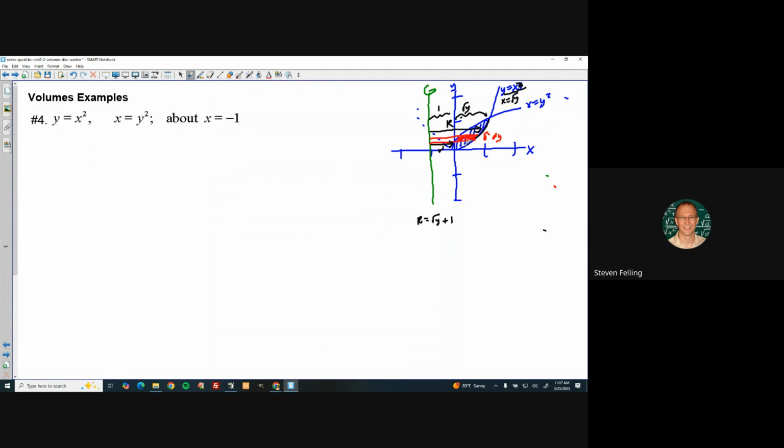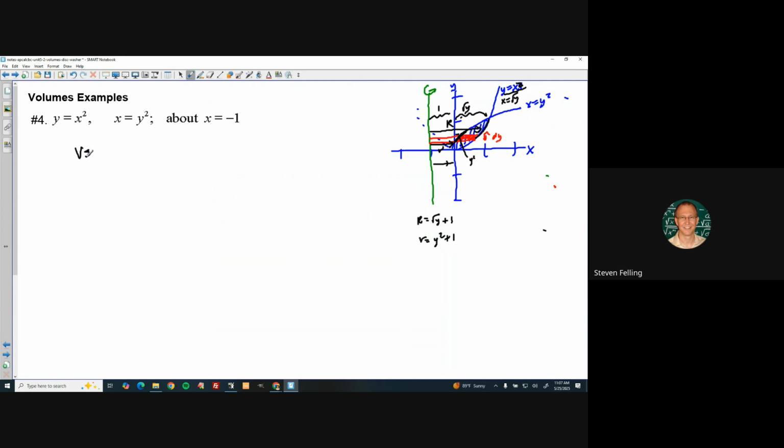And similarly, this little r here is established by this curve, which is x is y squared. So this little part here would be y squared, but we have to add the 1 onto that. So the little r is going to be y squared plus 1. And then I can now make my volumes.